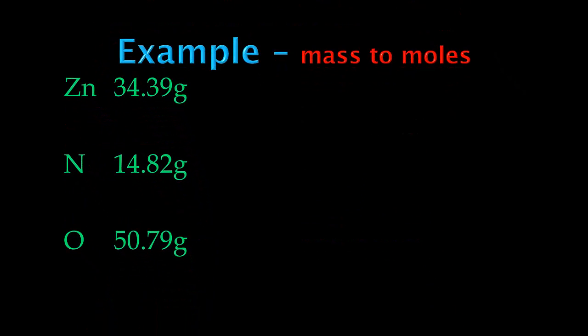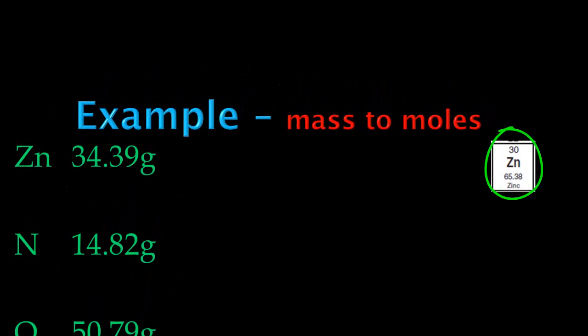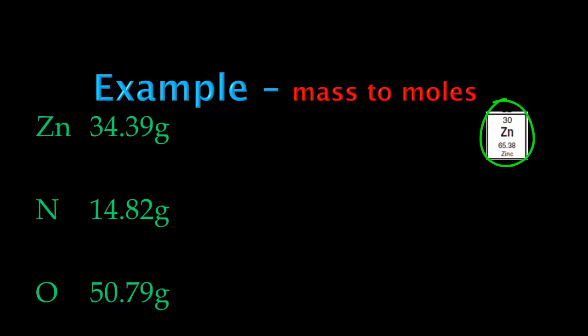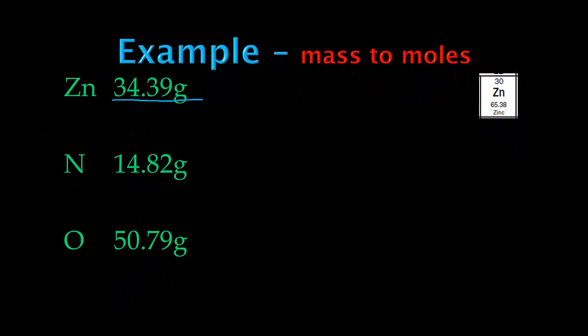Step 2, mass to moles. Okay, so we have our masses. In order to convert this to moles, we have to use molar mass. We divide by molar mass. We need to find the molar mass of zinc. Zinc is 65.38 grams in 1 mole. So I'm going to take this and divide it by 65.38 grams in 1 mole.